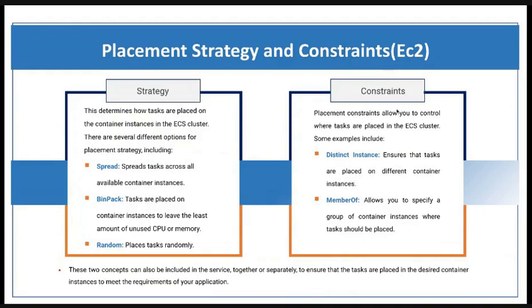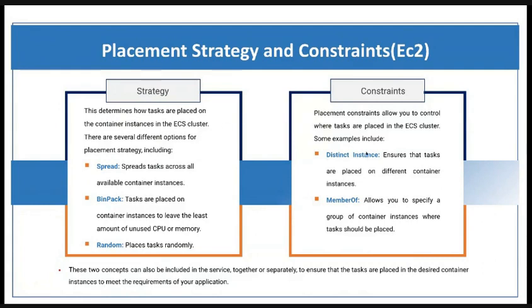Constraints. The key difference between a strategy and a constraint is that a strategy is best effort, but a constraint is always ensured. So if you have a placement strategy of spread, and you have five EC2 instances and eight tasks, then some of them will be running more than one task.